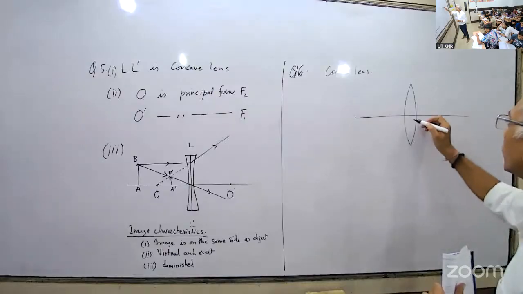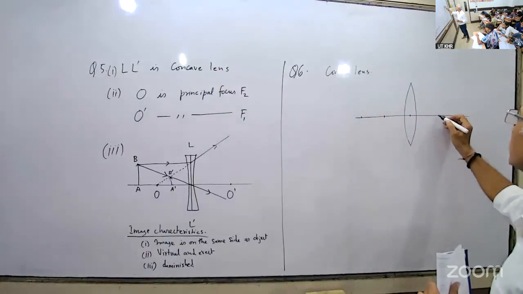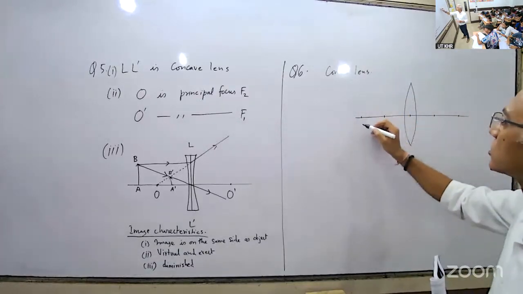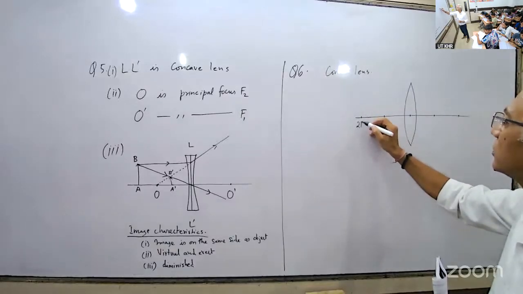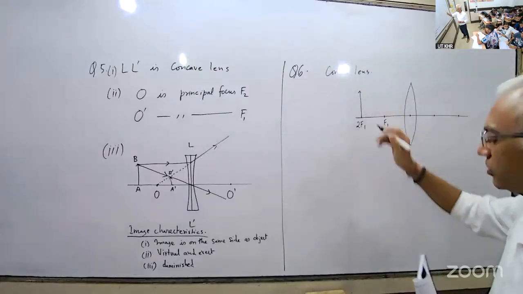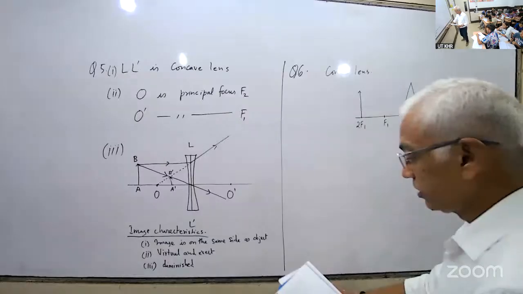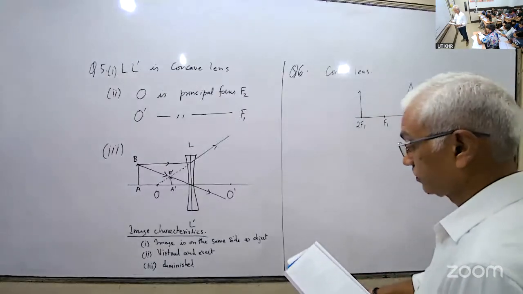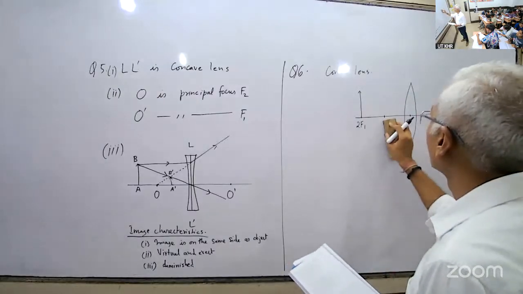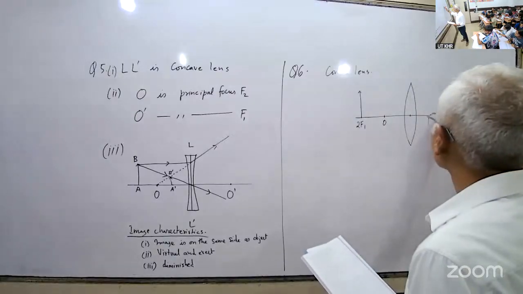So you have to draw the outline of the lens, and see what object position you get. So you have to keep the object at 2F1. Is it okay? Here they have given AB. In the figure, here they have given O, and here they have given O dash.